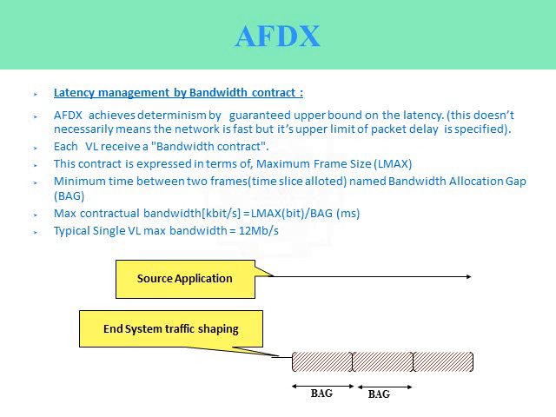So let me just show an animation of how the shaping of an AFDX message takes place. Let us say at the first BAG value, that is the bandwidth allocation gap, there is a message ready. It gets transmitted, and before the BAG completes, the second message is ready from the same end system or sensor.